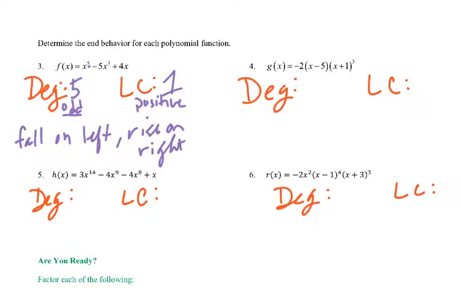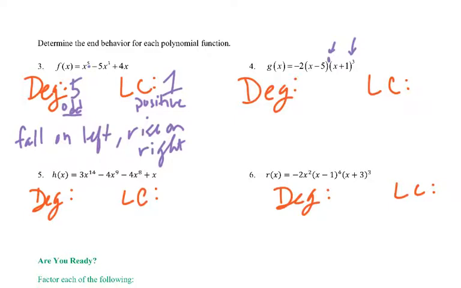Okay. On number 4, here's where this gets a little bit tricky, but I'm going to teach you a shortcut. You can figure out the degree of your polynomial without having to multiply it all the way out by summing the degrees of the binomials, or what's in parentheses. So the degree on x minus 5 is a 1, and the degree on x plus 1 is a 3.